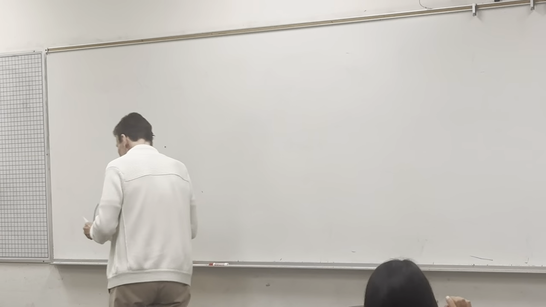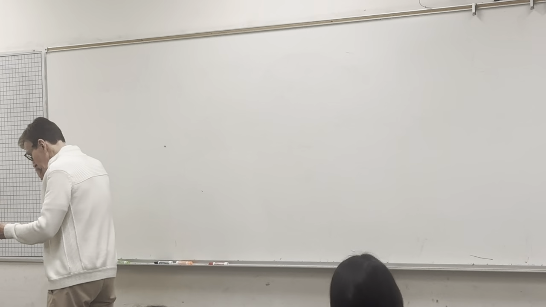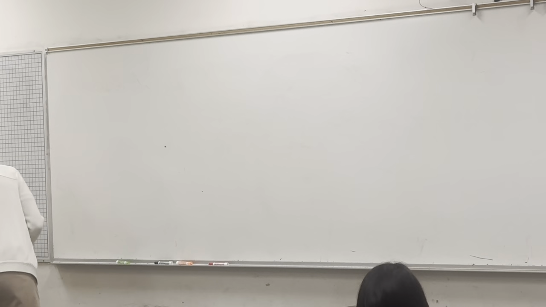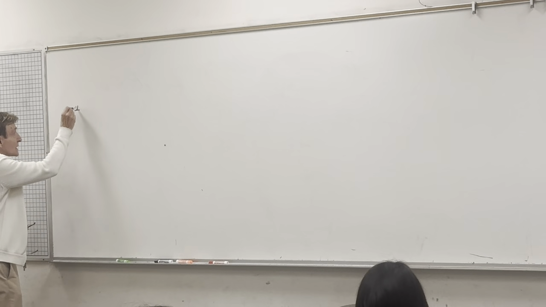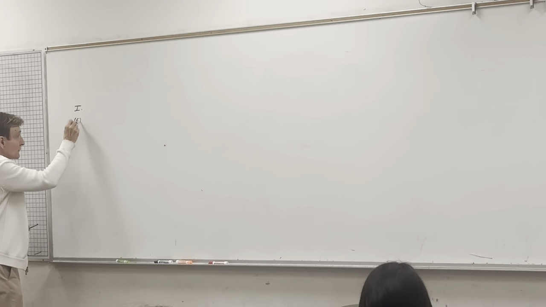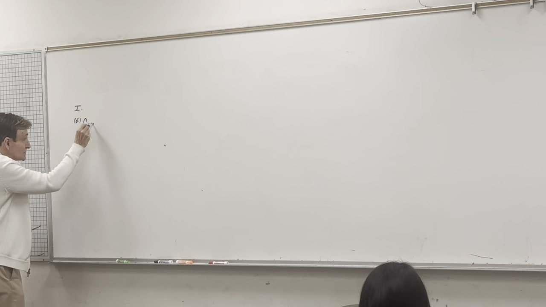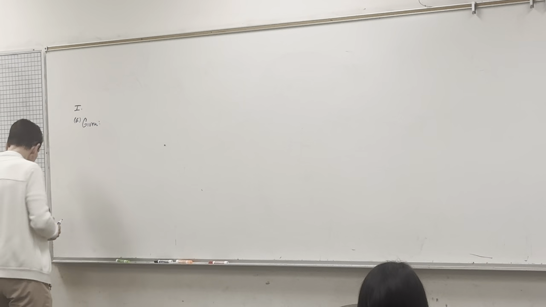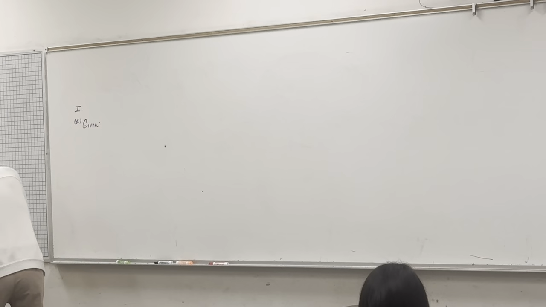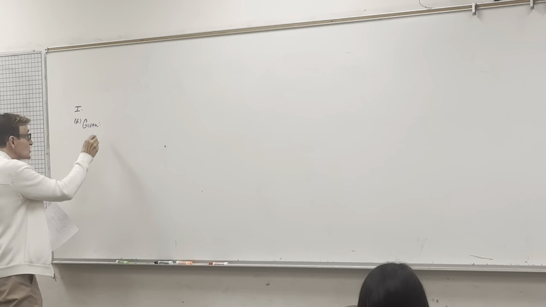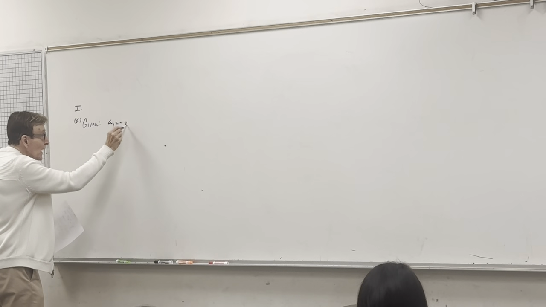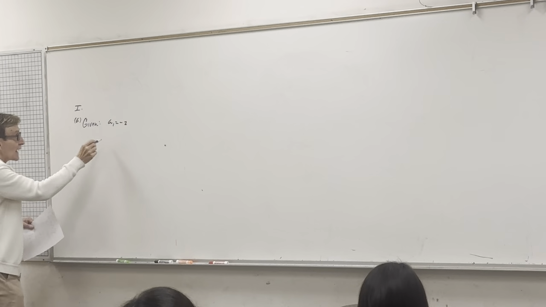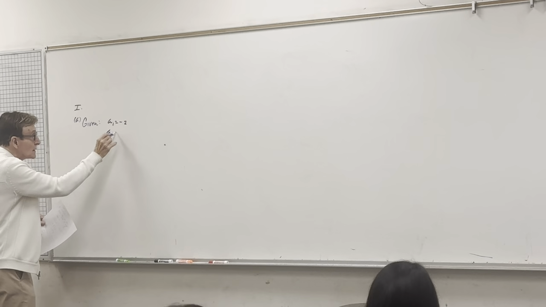Now, what I do need to do, and I think all this is on your handout, let me start out part 1 with this before I jump into everything else. Part 1. I'm going to give you that the first term of a sequence has this value, and I'm going to give you the formula.